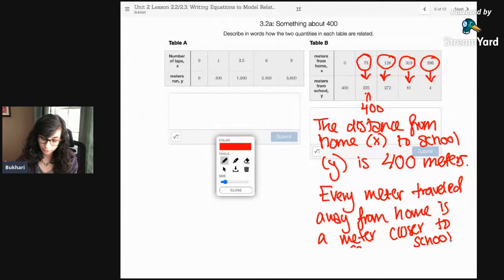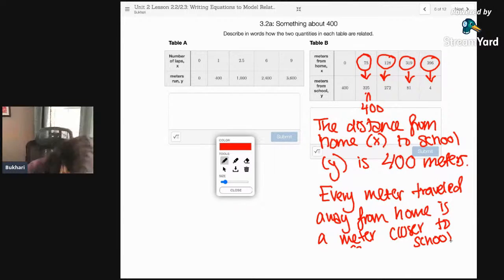And we can see that if I am at 75 meters away from home, then I am at 325 meters away from school. So one step closer, and you can think about this literally in the real world. If I take a step away from my house towards the school, I'm stepping closer and closer to school. And so it's the same understanding, and you want to use that in your development as you're creating your equations too.